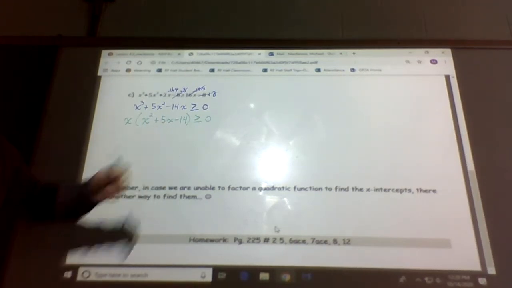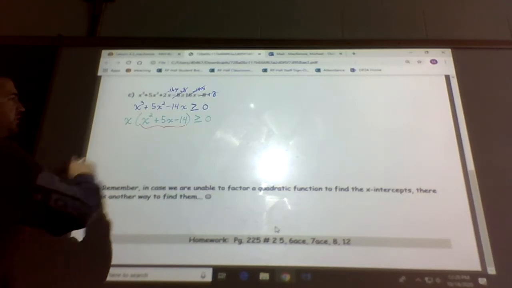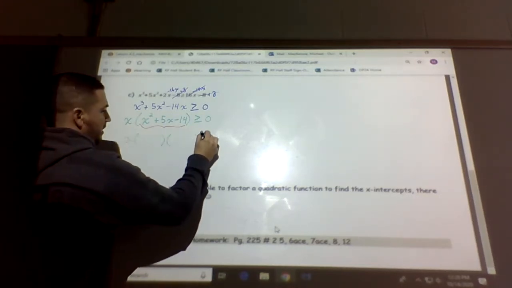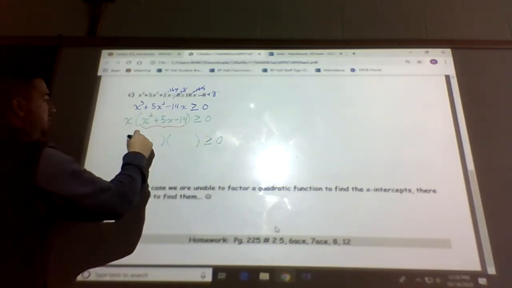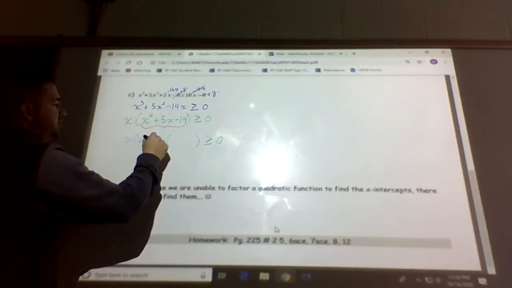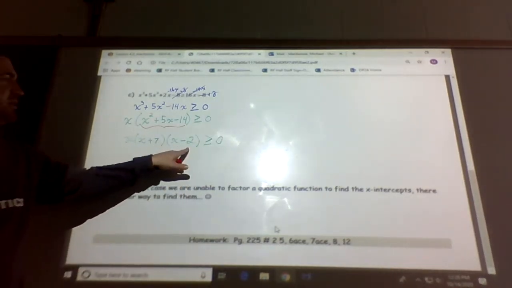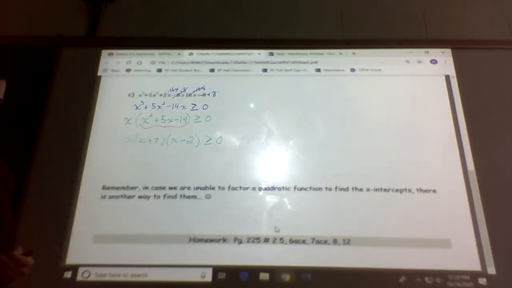So now we're already into a quadratic. So we're going to factor it: two numbers that multiply to -14 and add up to +5. Well, that would be +7 and -2. So 7 times -2 is -14. 7 minus 2 is 5.